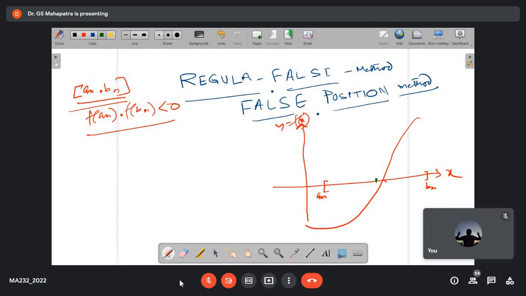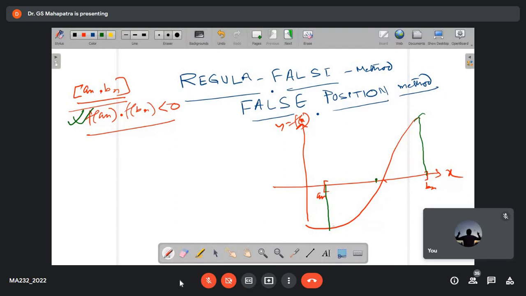Now in this method, the Regula Falsi method, what is the graphical concept? It will make you clear. f of An into f of Bn is checked, which means at least one real root exists. Consider f of An and f of Bn. This time we should not take the middle point.